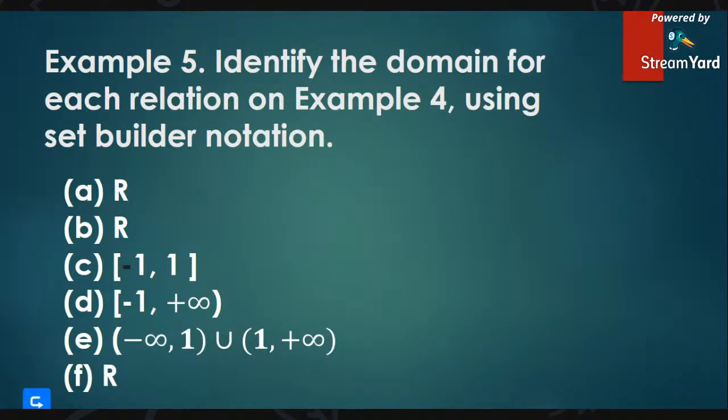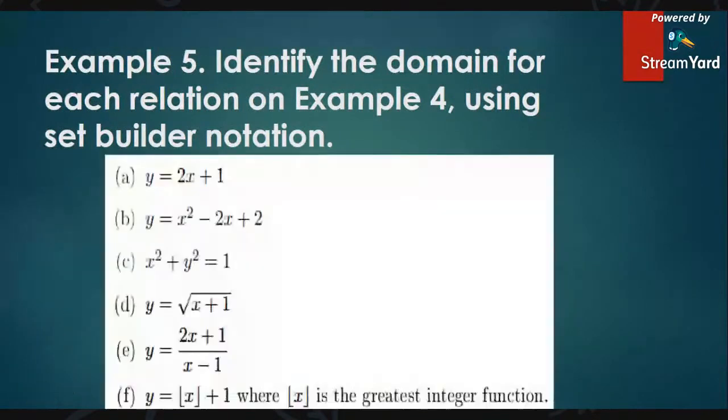Negative yun ha. I-correct ko lang: negative 1, 1. Sa pagitan ng, o kasama si negative 1 hanggang 1 sa number line. Yan yung ating values na pwede dun sa letter C.